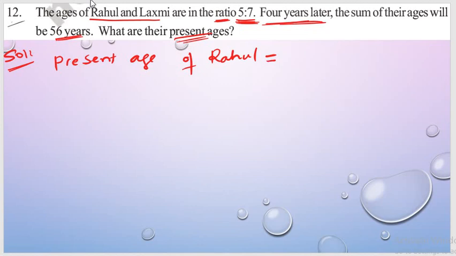That means we can say that the present age of Rahul is 5 times x. Then automatically the present age of Lakshmi will be 7x. So these are the present ages of Rahul and Lakshmi, right?